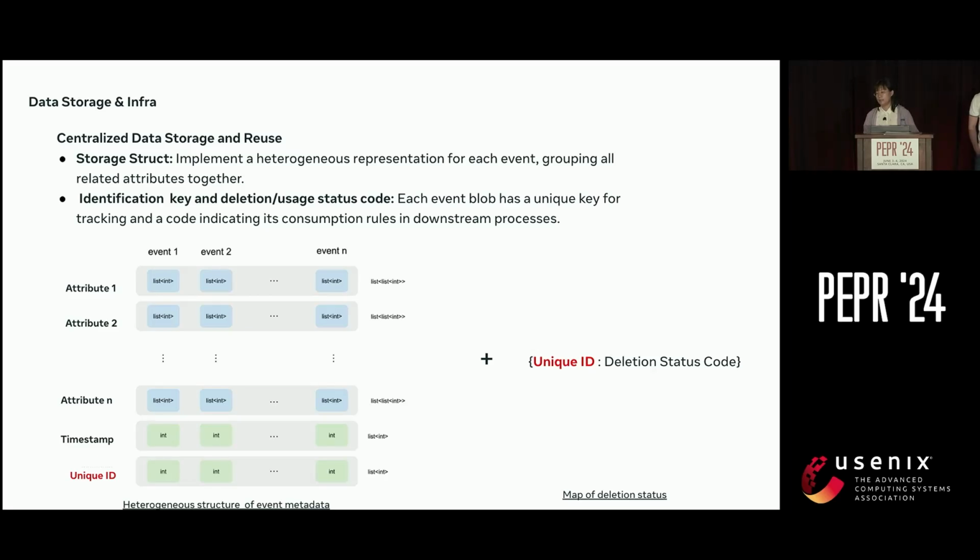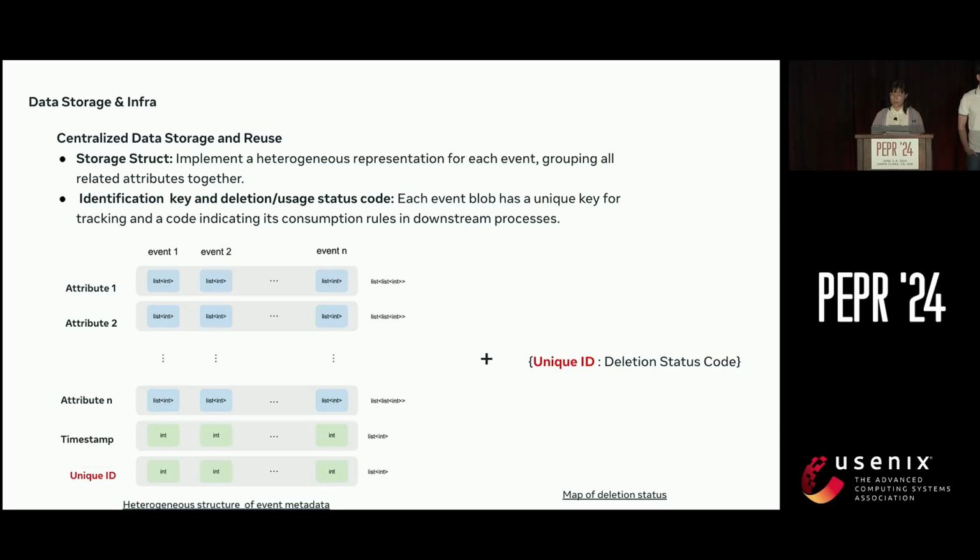The data is stored in a heterogeneous representation. All the attributes associated with the user interaction events are stored together, of course the critical ones. And you can see there's a unique ID to make this user event blob of information trackable and identifiable in the system.